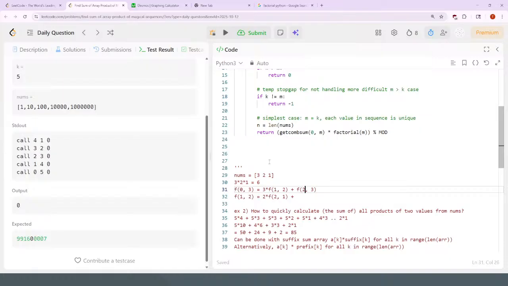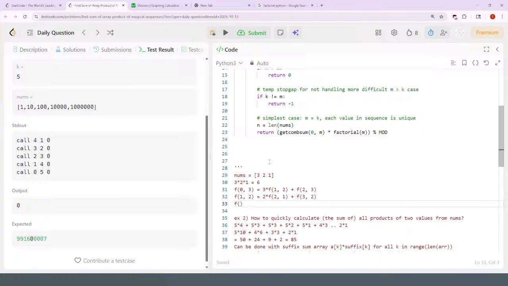So this should just be 0 here. Can't choose 3 from 2 elements. So maybe this case should return 0. I'm not sure. And then this should be f of starting index 3, choose 2.